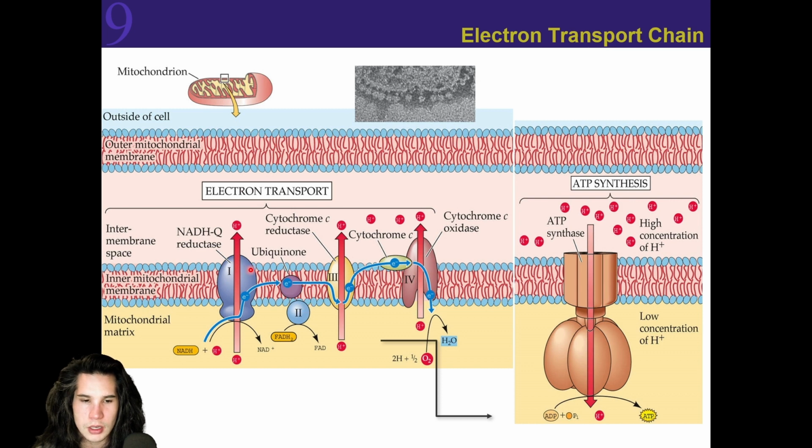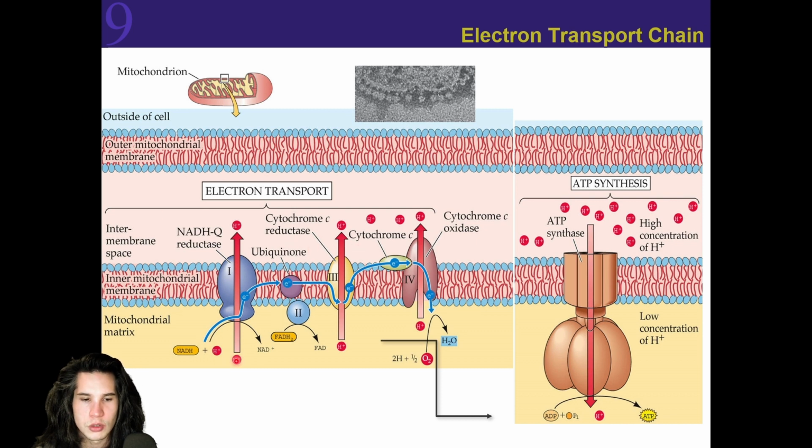And what we're doing here is, if you look at this enzyme, or you could say proton pump, here, what you're doing is you're moving hydrogens from an area where there is a low amount of hydrogens to an area where there's already a lot of hydrogens. You actually have a very high concentration of hydrogens, or hydrogen ions, or protons, in this intermembrane space.